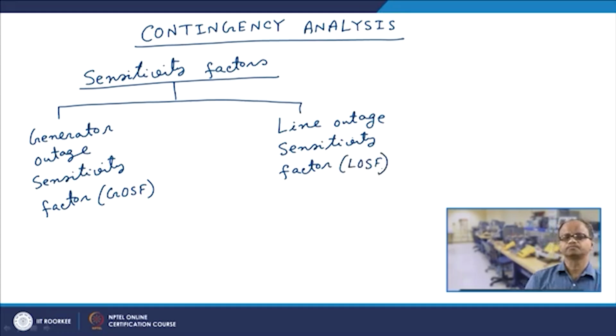So, we use two types of sensitivity factor, called generator outage sensitivity factor and line outage sensitivity factor. Now, what do they actually mean?